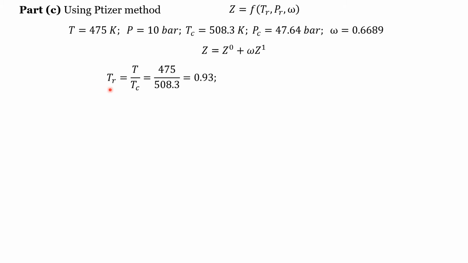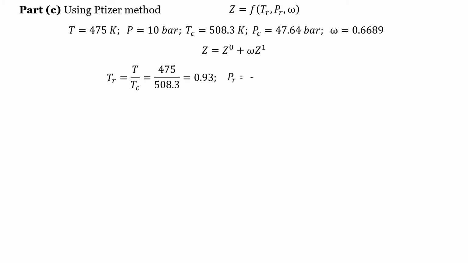So we need to estimate reduced temperature and reduced pressure. Reduced temperature can be written as temperature divided by critical temperature. So temperature and Tc are given in the problem. So Tr will become equal to 0.93.